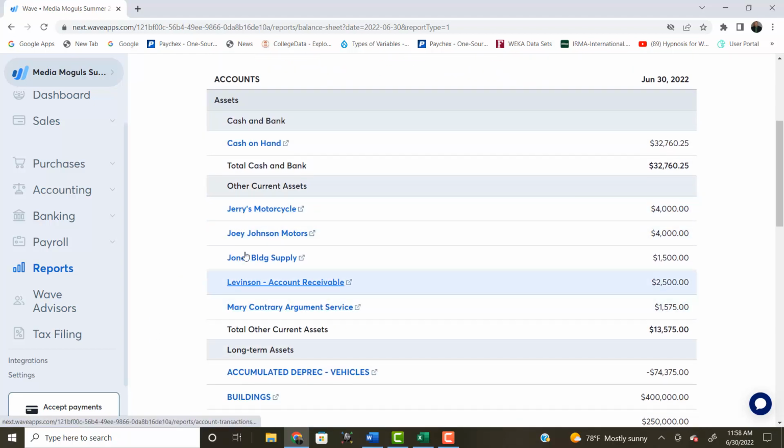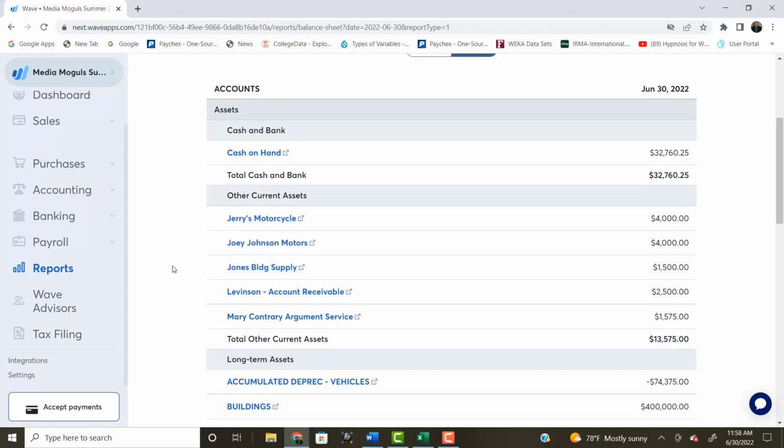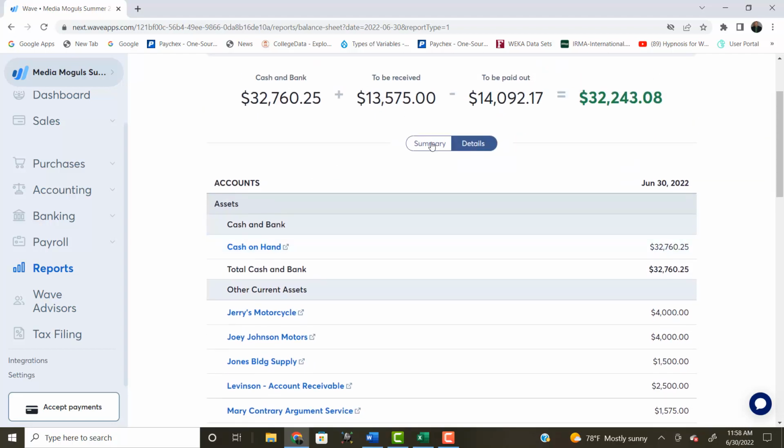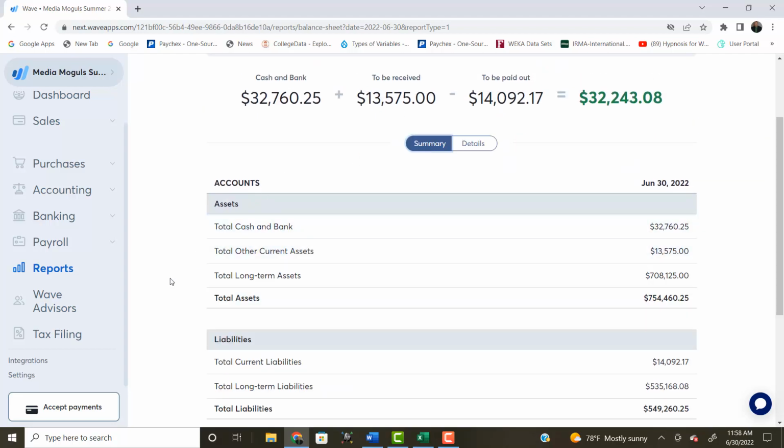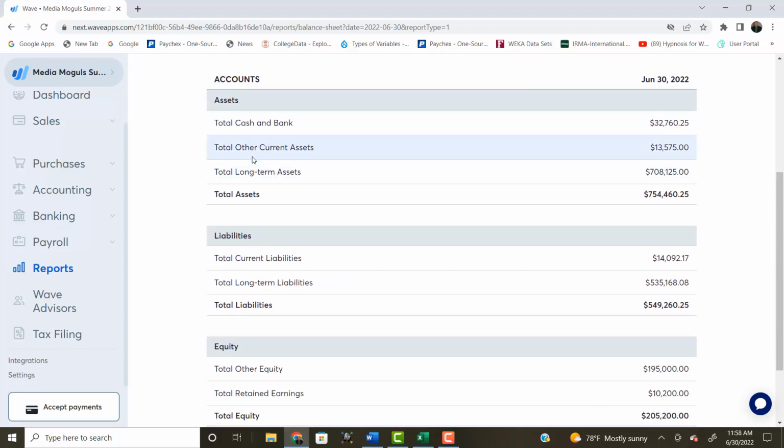These are all accounts receivable as sub-accounts. In other words, I have gotten rid of the controlling account. All right. Now, let's see what it shows if I do the summary. Total other current assets, all of those accounts receivable are in there. Like Prego, they're all in there.